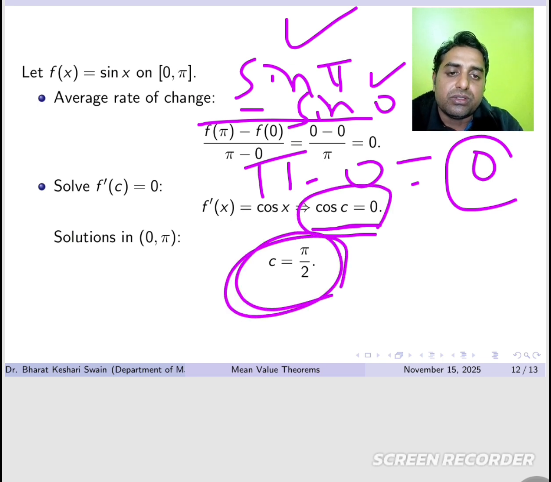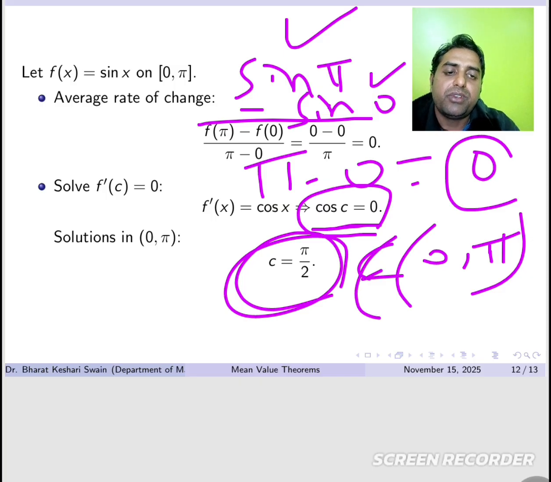So that c belongs to what? 0 to pi, in between 0 to pi. So that was our statement: if it is differentiable and continuous, then there is a point c where f dash c will be f of b minus f of a divided by b minus a.